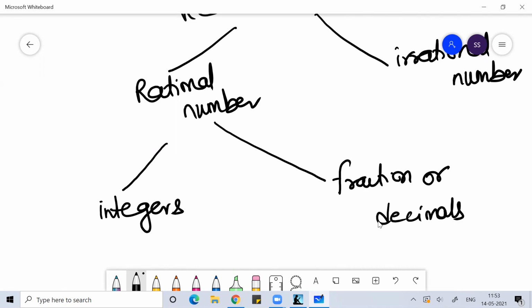Rational numbers can be integers, or they can be fractions or decimals. Rational numbers are in the form of p by q, where q should not be equal to 0.